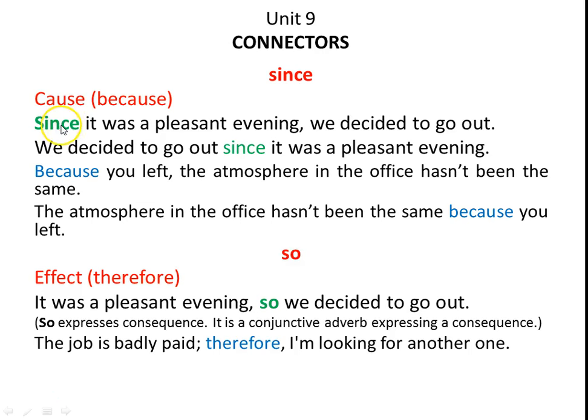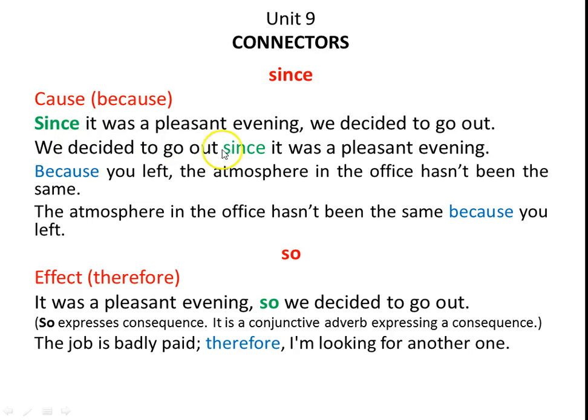The dependent clause that begins with the conjunction since can be placed at the beginning or at the end of the sentence. At the beginning, since it was a pleasant evening, or if you use it at the end, after the independent clause, it would be like here.